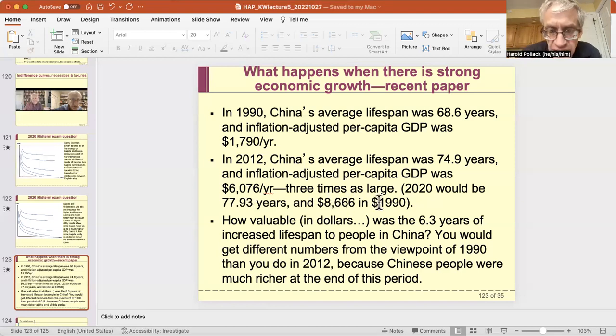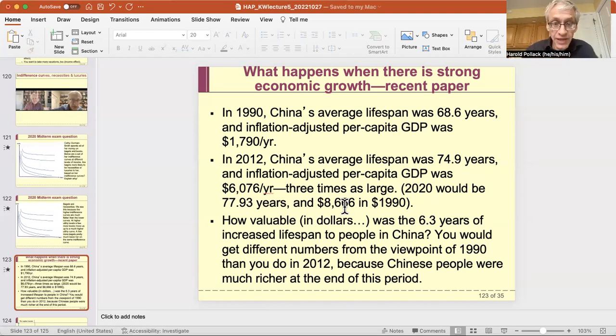This is all inflation adjusted. You say, what is the most valuable thing in the history of the world? Here you have, in the space of 30 years, lifespan going up by more than 9 years and per capita income going up by a factor of 5. That's pretty freaking awesome.